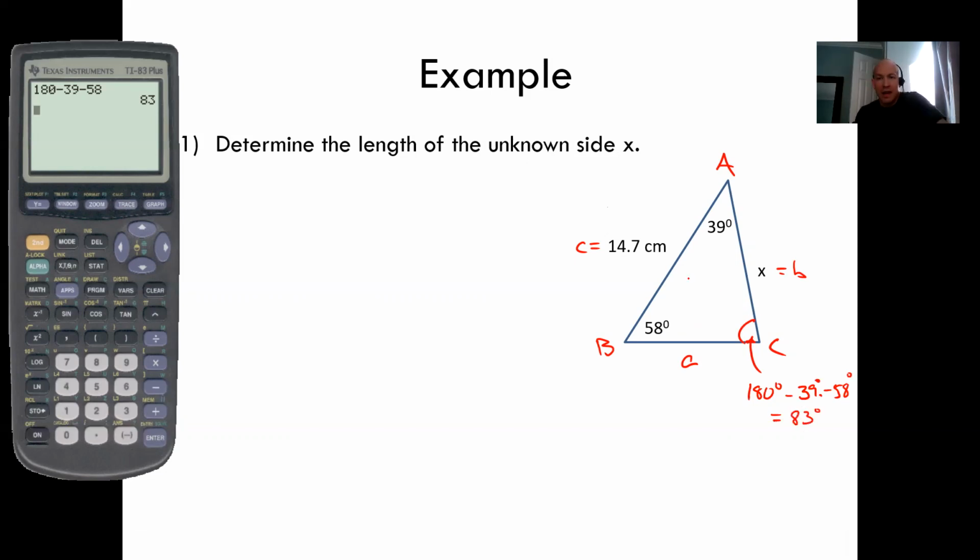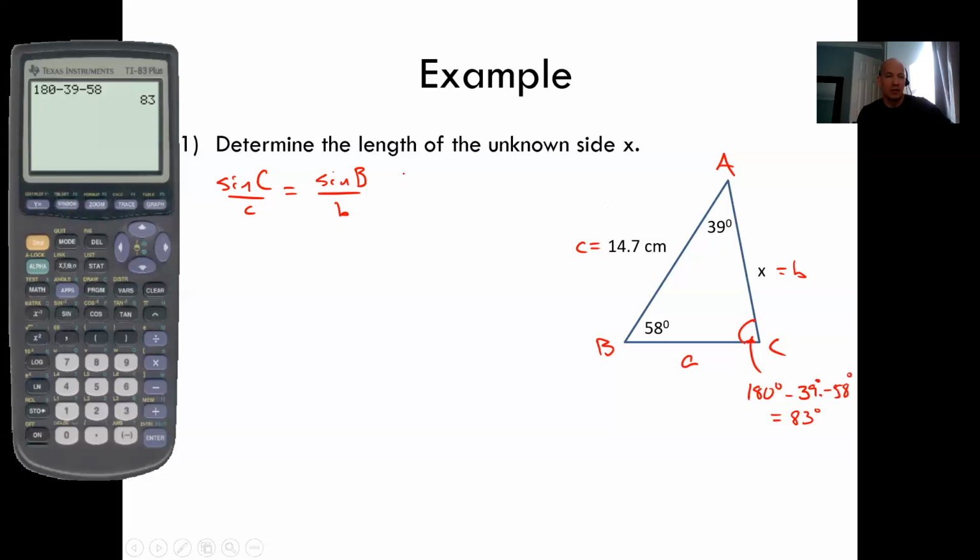Once I know that, I now have a known pairing, so I would say sine of C over little c. And I would like to know side B, so I write sine capital B over little b. I don't care about sine A over A, so I'm not going to include it. I know the sine law had all three of them, but you always just take two-thirds of it.